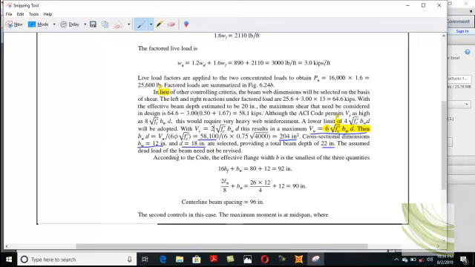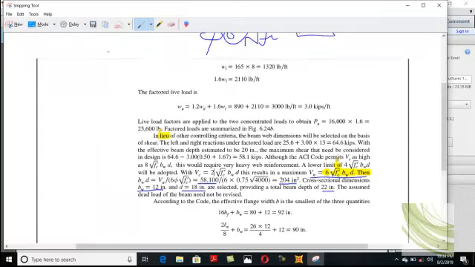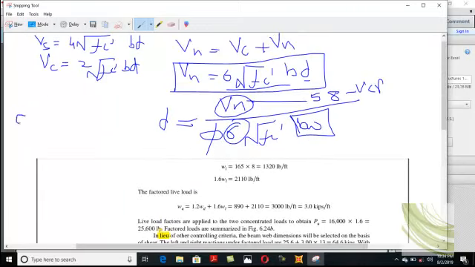The assumed dead load of the beam need not be revised. Now, you see, from this shear criteria, your effective depth comes out to be 18 inches. And in the design, we take d as 21, because our overall depth H is 24 inches.